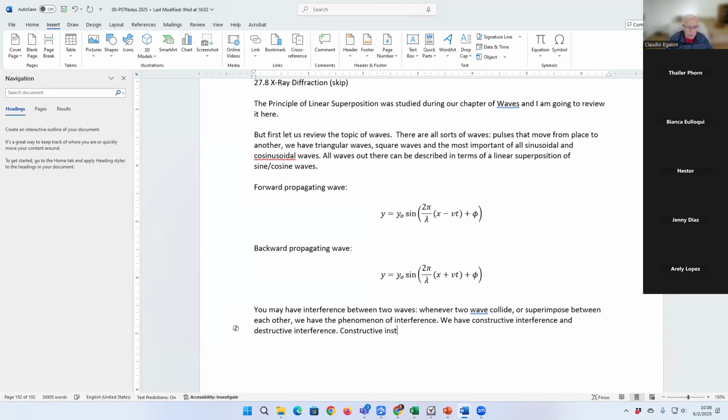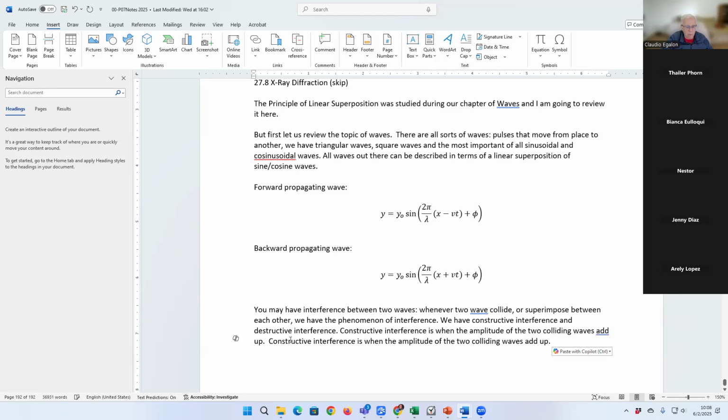Constructive interference is when the amplitudes of the two colliding waves add up. Now destructive interference, you already know what it means, right?